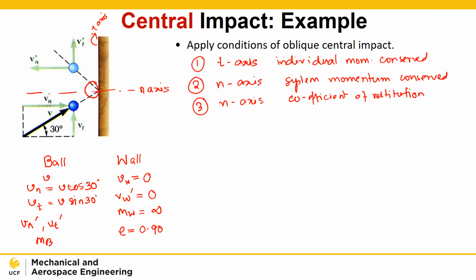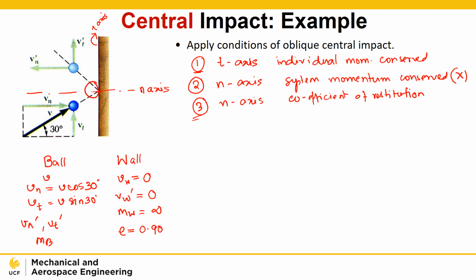Now note, in this problem, we are given that the wall has an infinite mass. Therefore, the system momentum conservation equation cannot be written along the n direction, and the momentum conservation equation becomes invalid. Therefore, we only work with equation 1 and equation 3 in this problem.